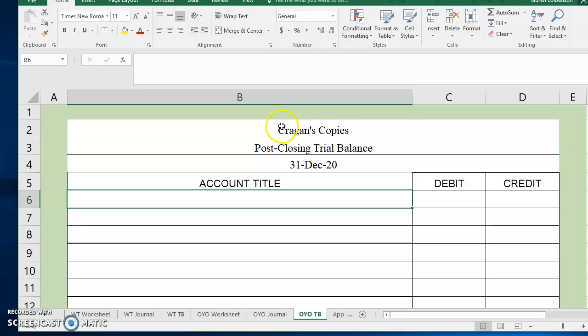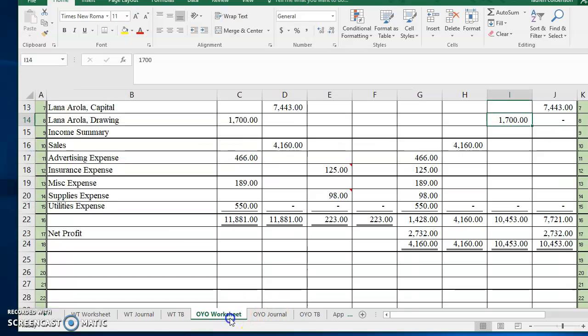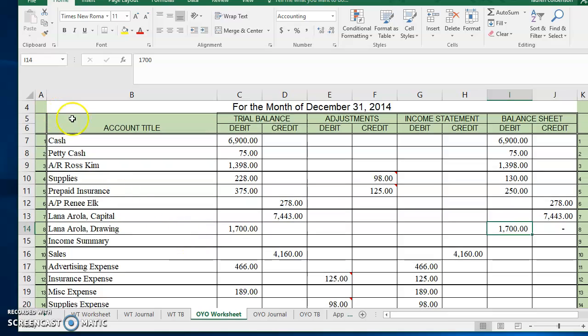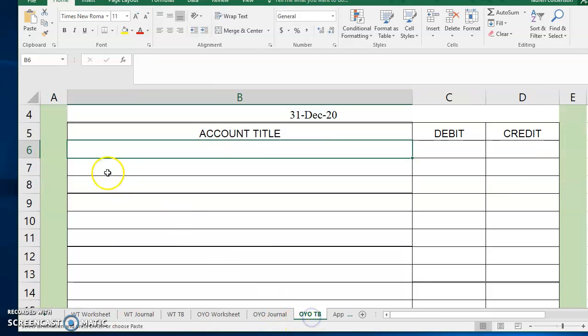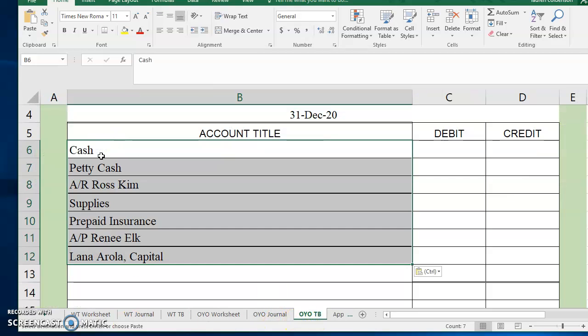Now, on the post-closing trial balance, we are going to list just the permanent accounts. The permanent accounts are the accounts that are left after you've closed. So if you look on here, it goes from cash to capital. All these other accounts we closed out. So I'm going to copy these over to the post-closing trial balance.